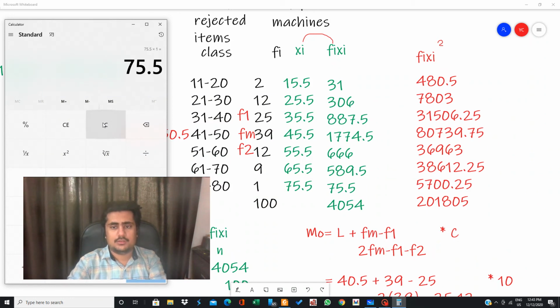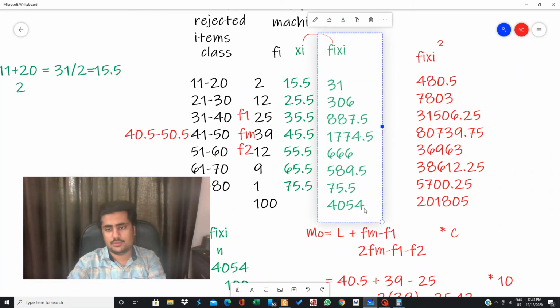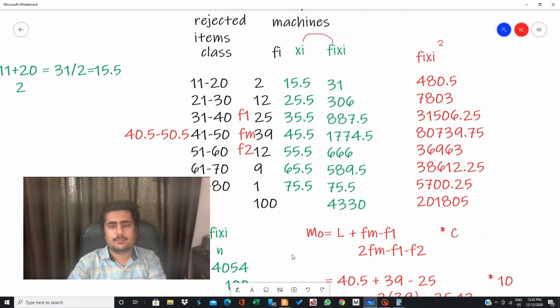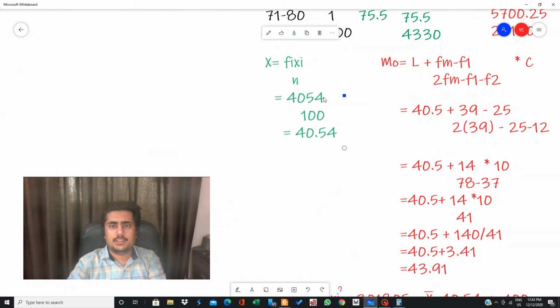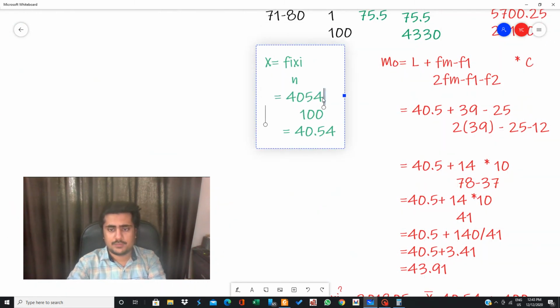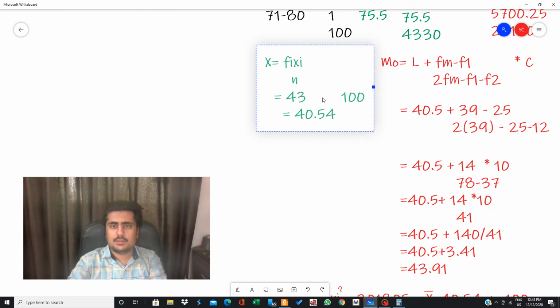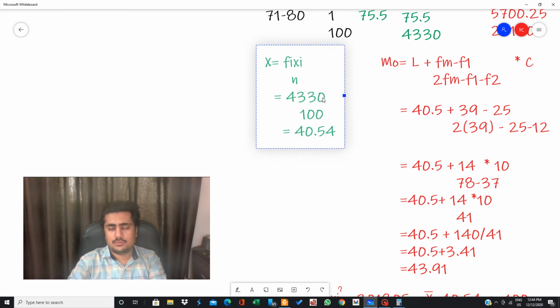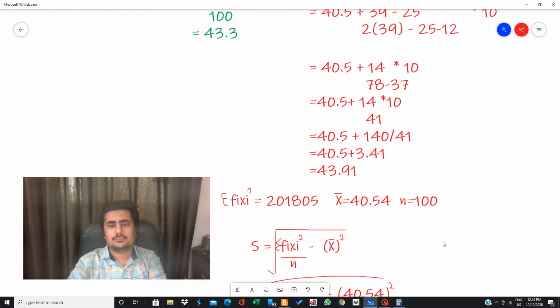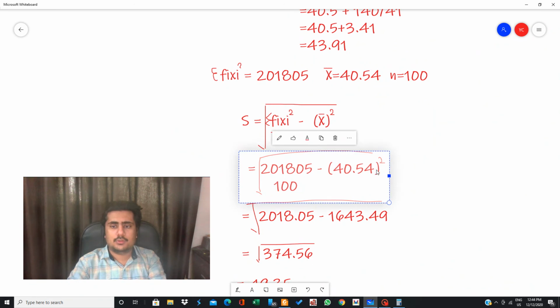Now 75.5 plus 589.5, 666, 1774.5, 887.5, 306. So there may be some mistake in the total. 4330. Now if you find the mean, it is 4330 upon 100, which is 43.3.